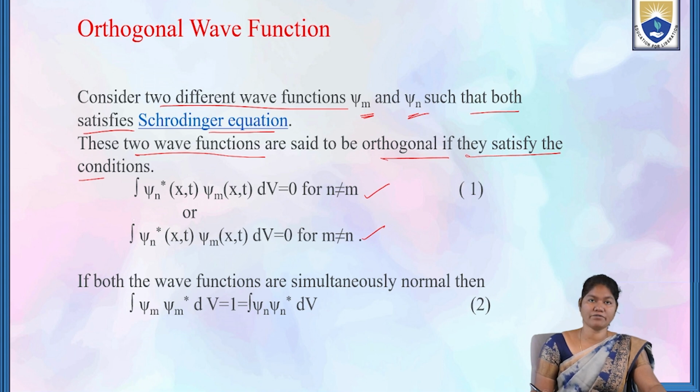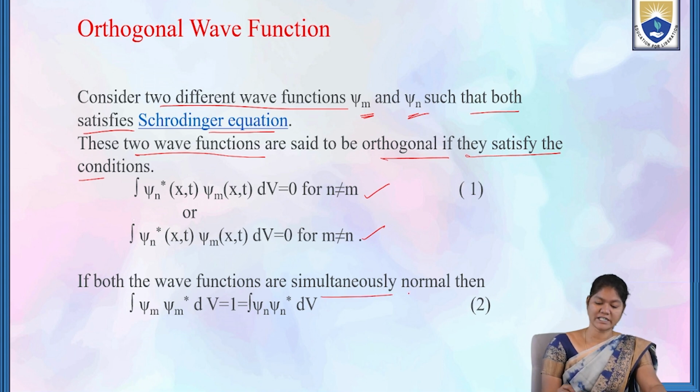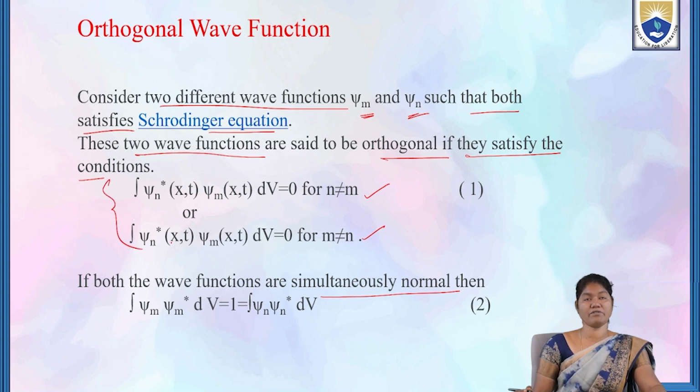If both the wave functions are simultaneously normalized, then the integral of ψm ψm* dV is equal to 1, as well as the integral of ψn ψn* dV.